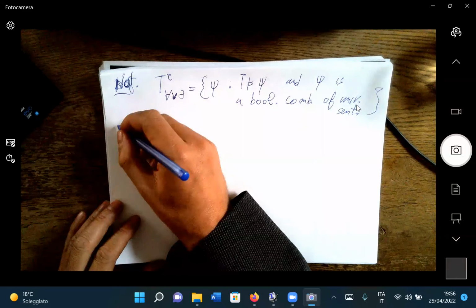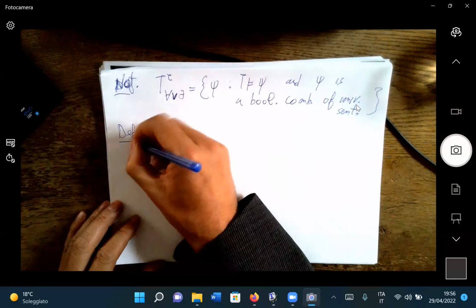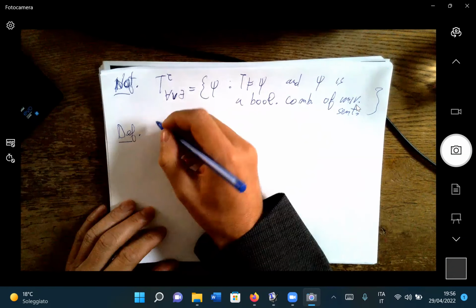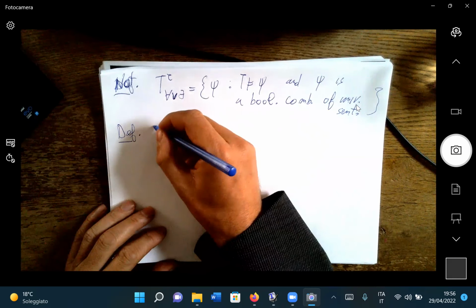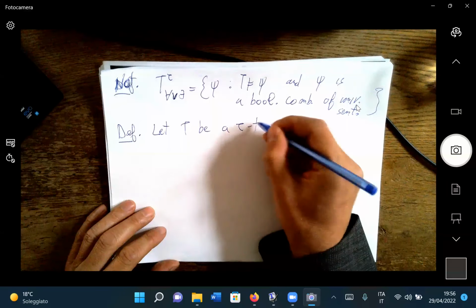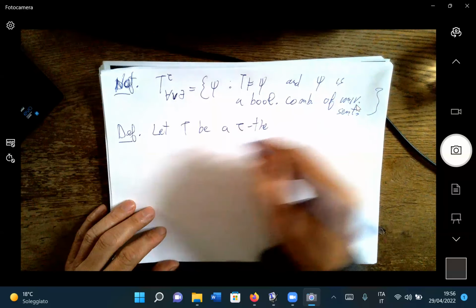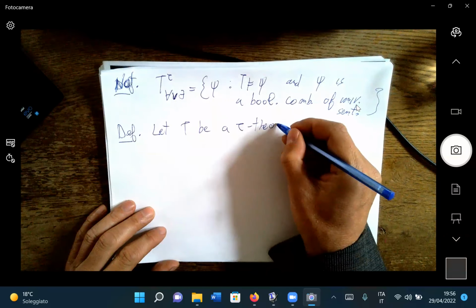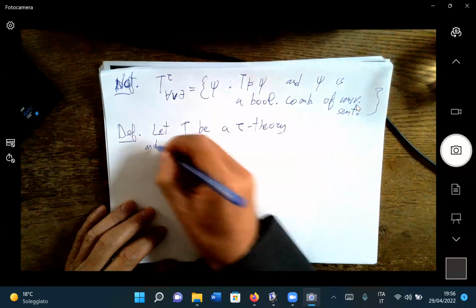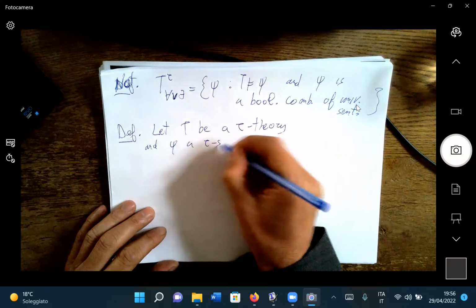And now the key definition, which brings to the notion of absolute model companionship, is the following. Let T be a tau theory, and C a tau sentence.